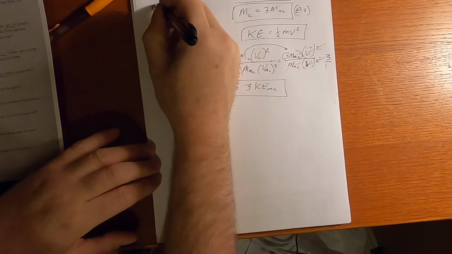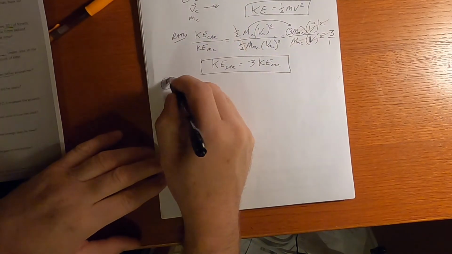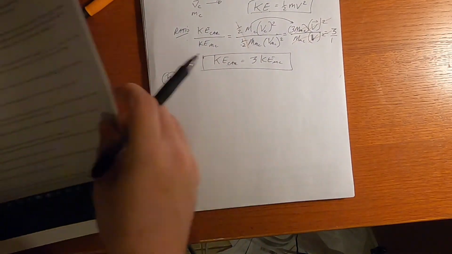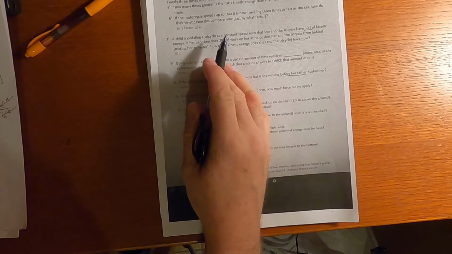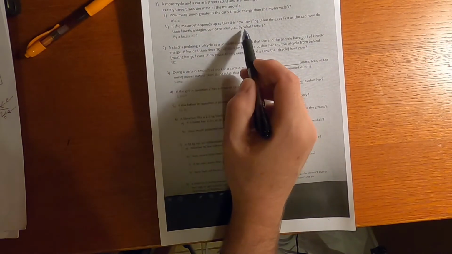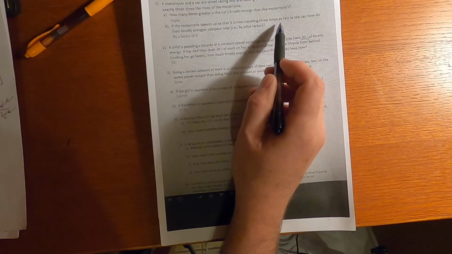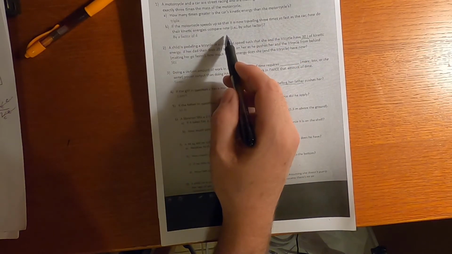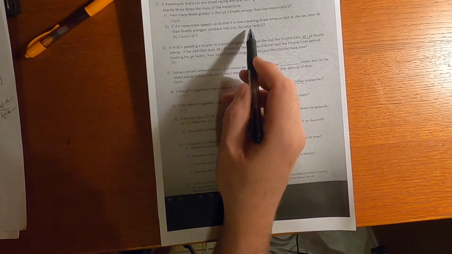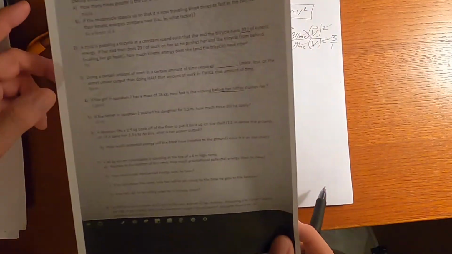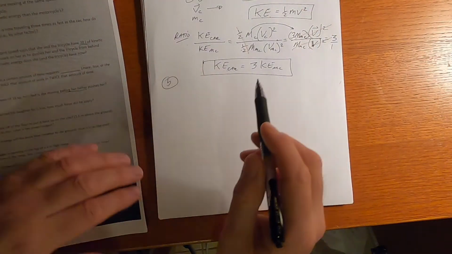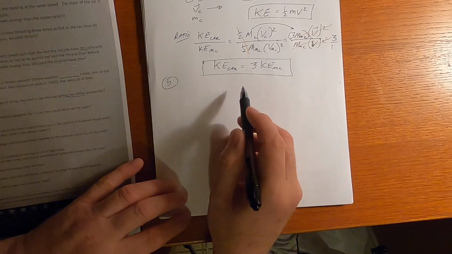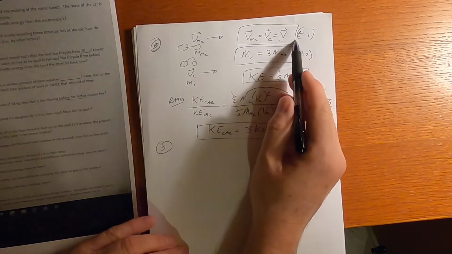Okay, that was part A. This is part B. Part B says if the motorcycle speeds up so that it's now traveling 3 times as fast as the car, how do their kinetic energies compare now? By what factor? So now we do not have equation 1 here.